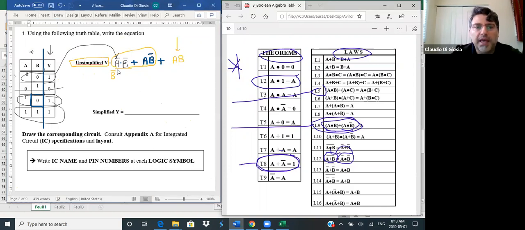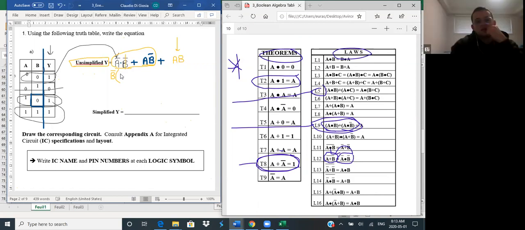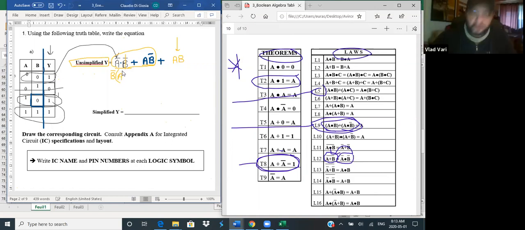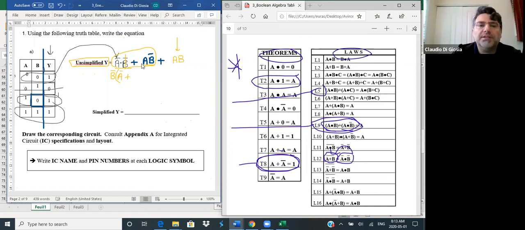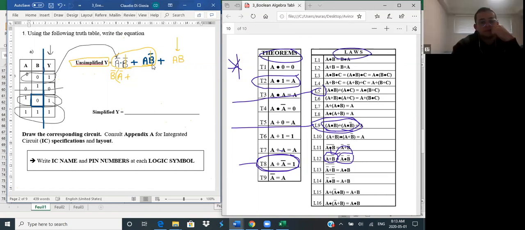And what I'm going to do, if I remove the B naught from this group here, what am I left with? A naught. Plus, if I remove the B naught here, what am I left with? A.